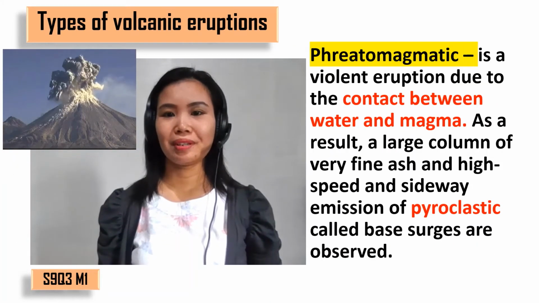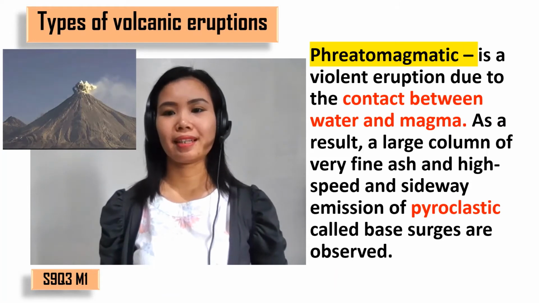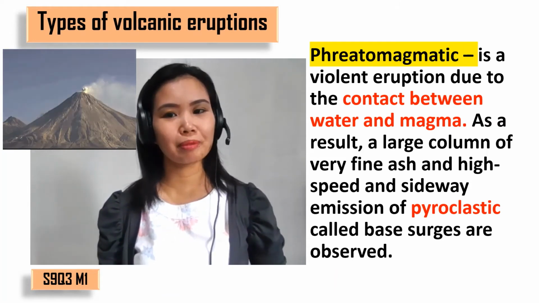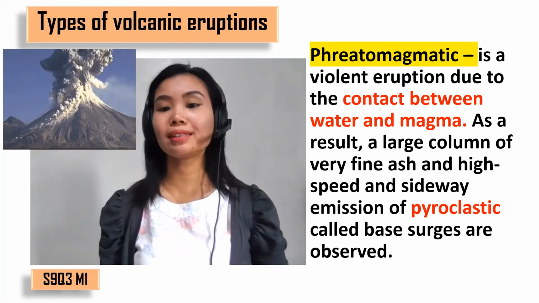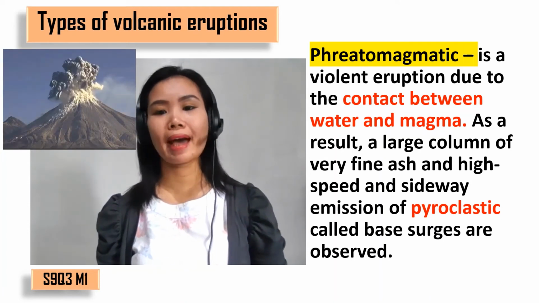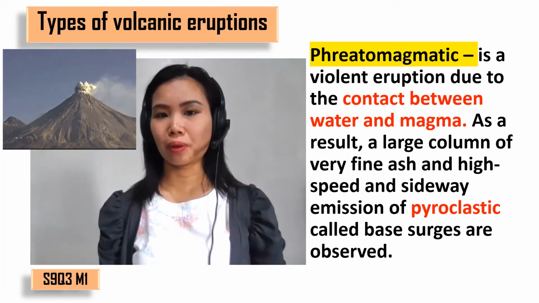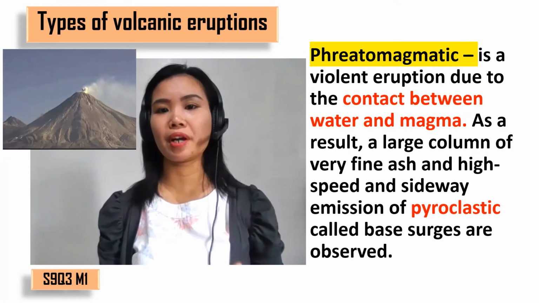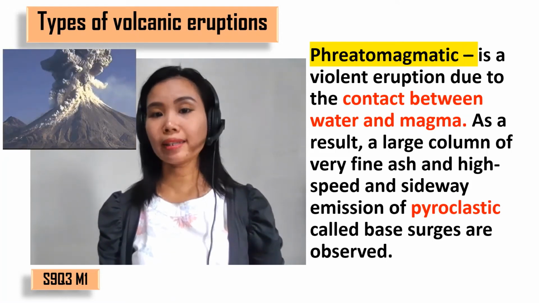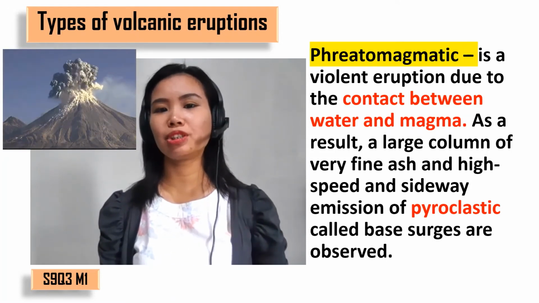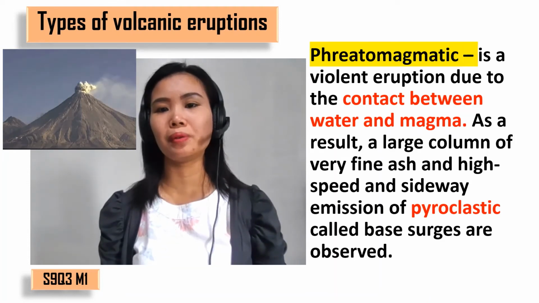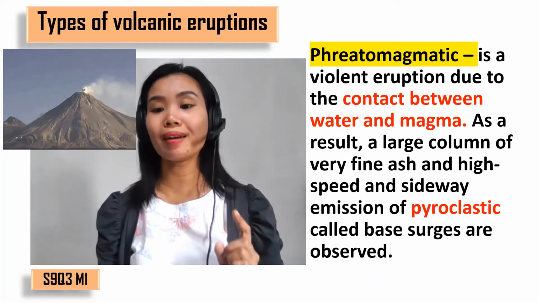Then we have here a phreatomagmatic eruption. It is a violent type of eruption due to the contact between water and magma. As a result, a large column of very fine ash and high-speed and sideway emission of pyroclastic base surges are observed.